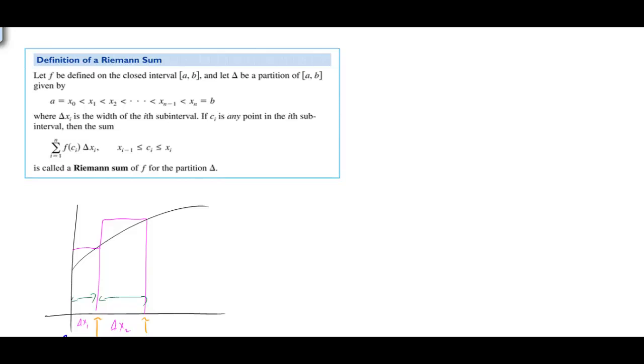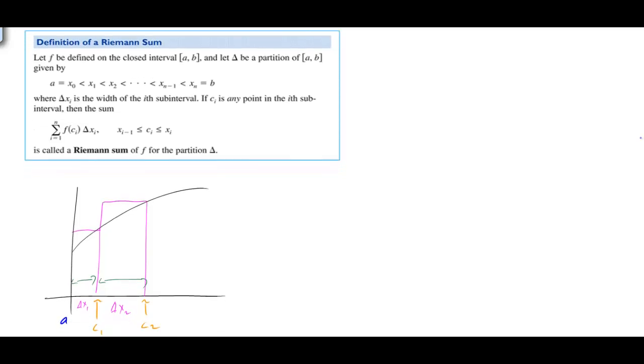And if you recall, when we talked about calculating our upper and lower sums, we were calculating rectangles, and our rectangles were divided into equal widths. Well, that was actually a type of Riemann sum where each width was the same.